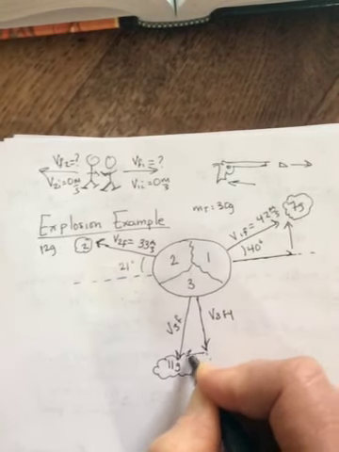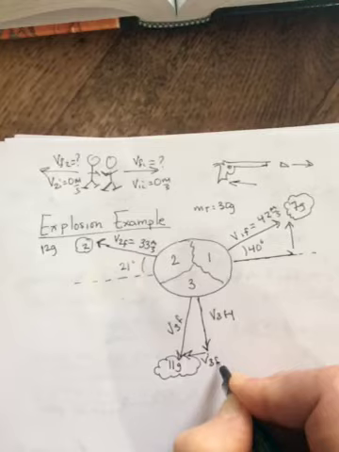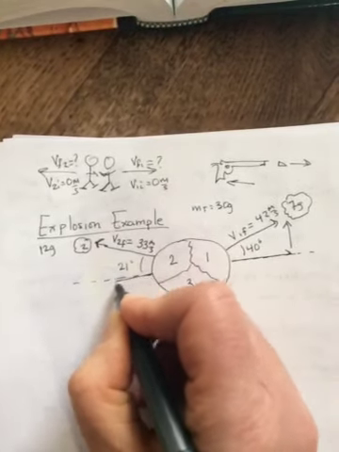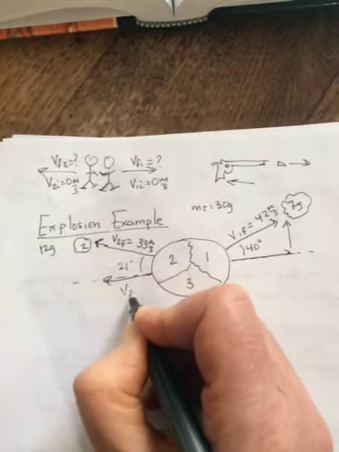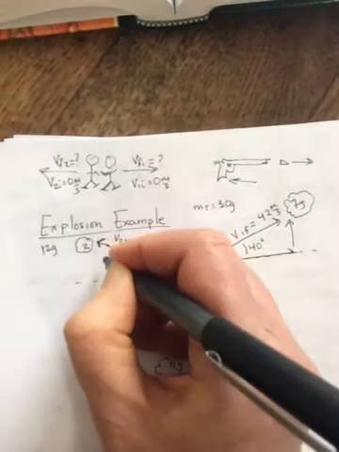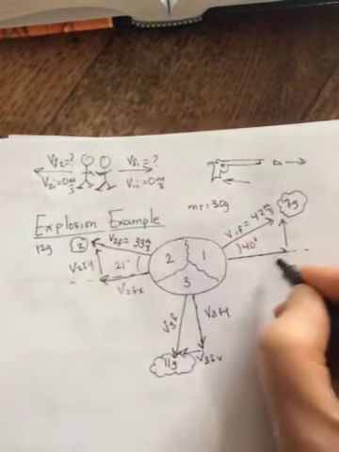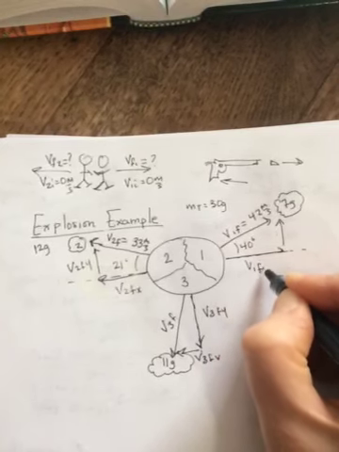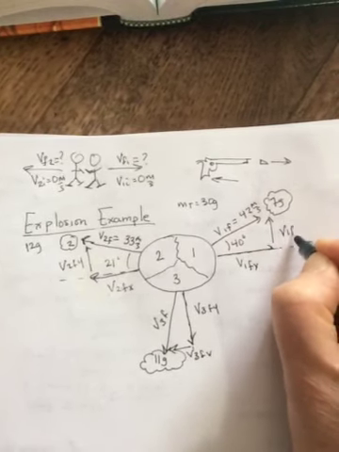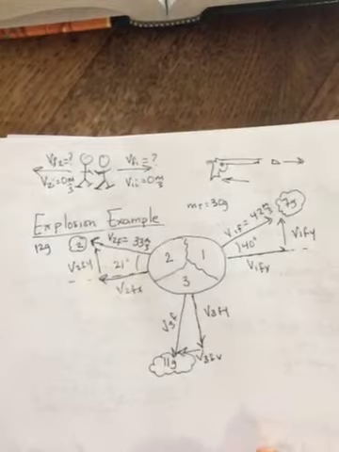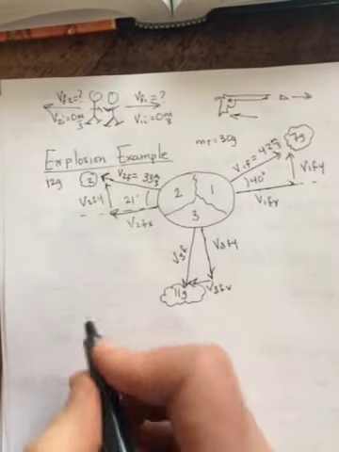Now what we need to find is V3Fy and V3Fx. We have the info to get V2Fx, V2Fy, V1Fx, and V1Fy. So we're just going to do x and y direction momentum again.